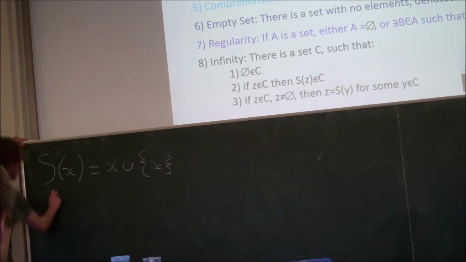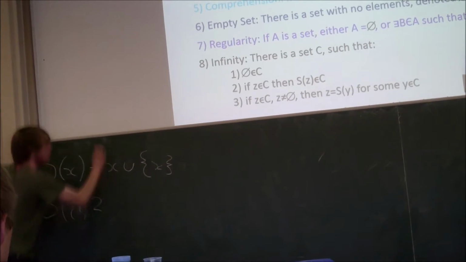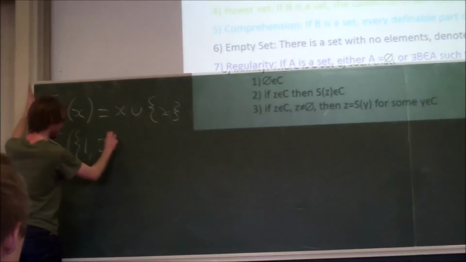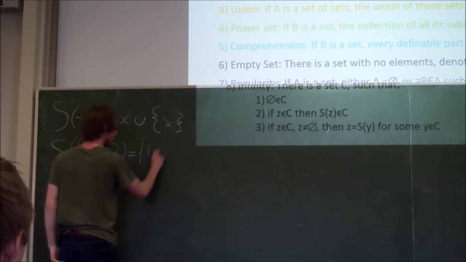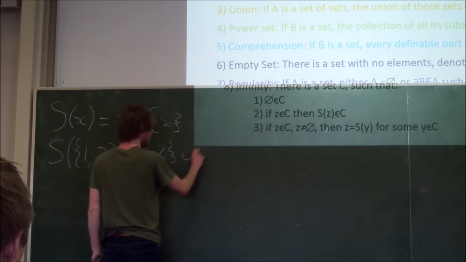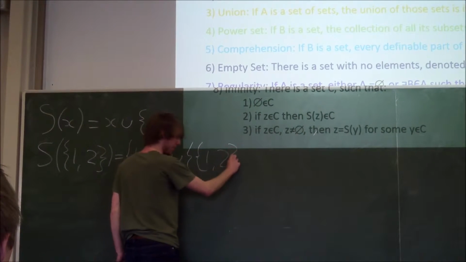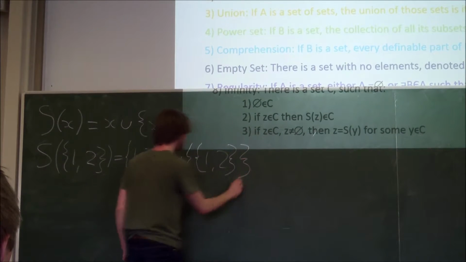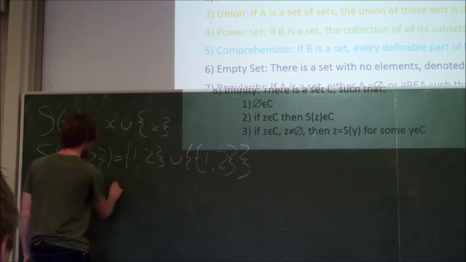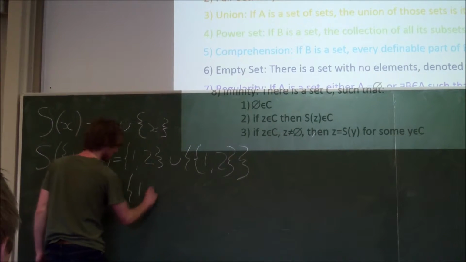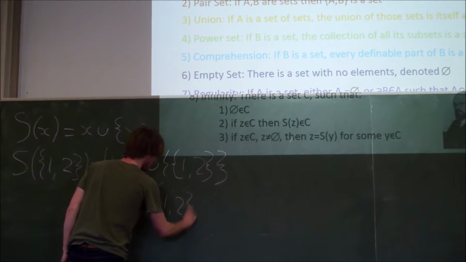So for example, S of the set containing 1 and 2 will be the set containing 1 and 2 union the set containing the set containing 1 and 2. My curly brackets are probably going to get progressively worse as this goes on. So everything in here and everything in here, which of course is 1, 2, and the set itself, 1, 2.